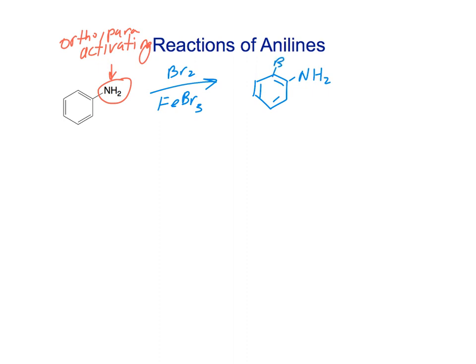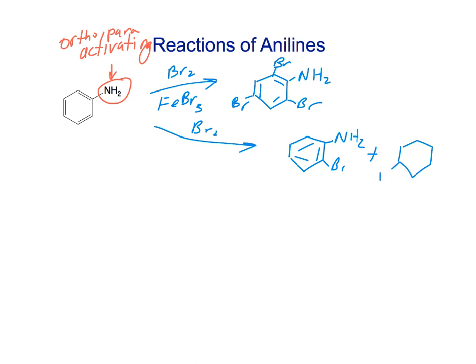Okay, so we get a bromine here, and a bromine over here. All right, if we want to do it just one time, then we can just add Br2, and this ring is so activated we don't even need the catalyst. Okay, and so in that case we would just get a mixture of ortho and para. All right, we could get one here plus one over here.